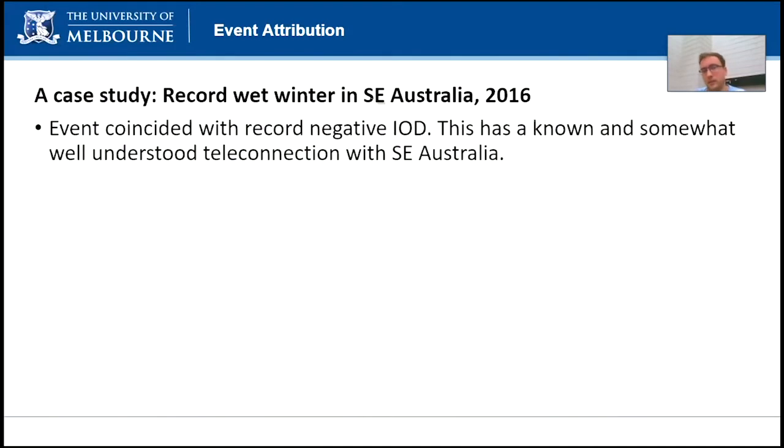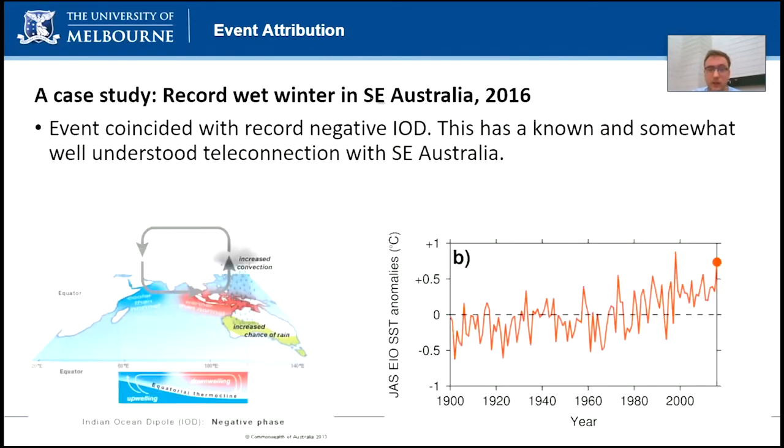The event itself coincided with a record negative Indian Ocean dipole, which we know has teleconnection with Southeast Australia wintertime rainfall. So on the left, we've got a picture from the Bureau of Meteorology showing negative Indian Ocean dipole patterns. Warmer sea surface temperatures in the East Indian Ocean cause more convection, and through a Rossby wave train you get an increased chance of rainfall in Southeast Australia.